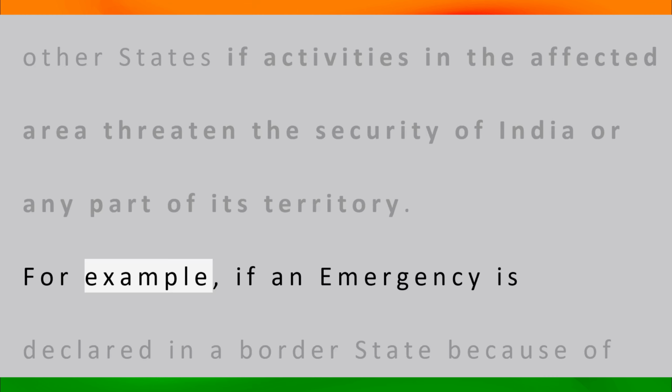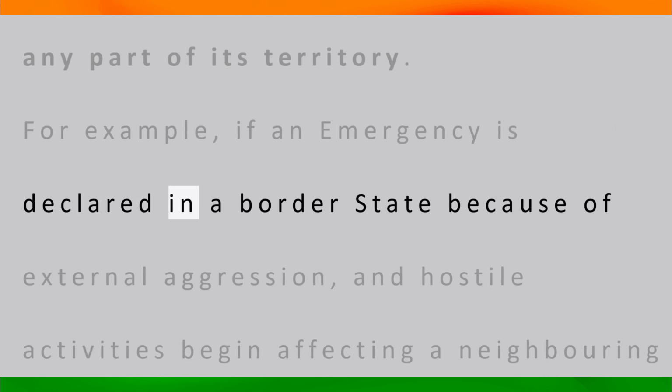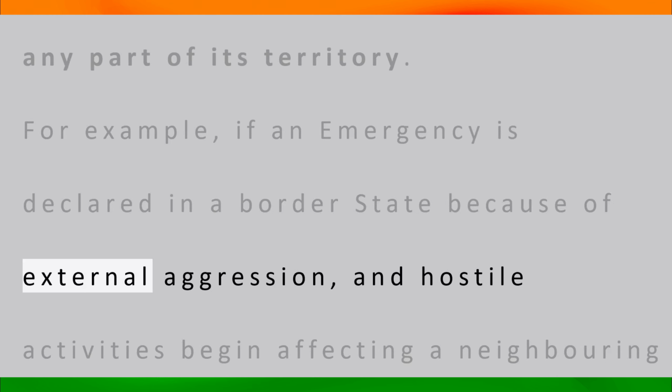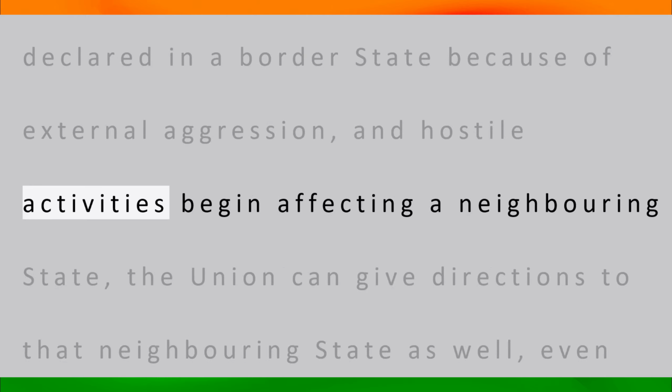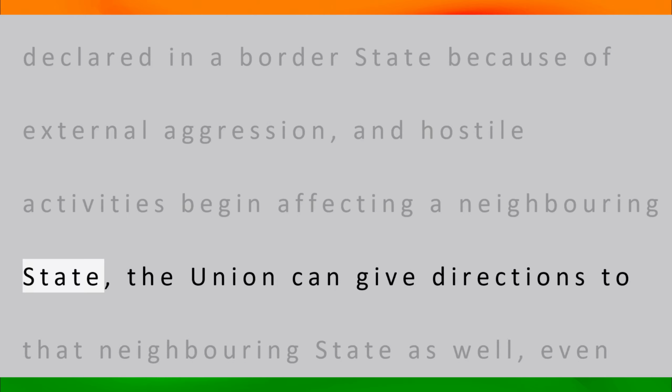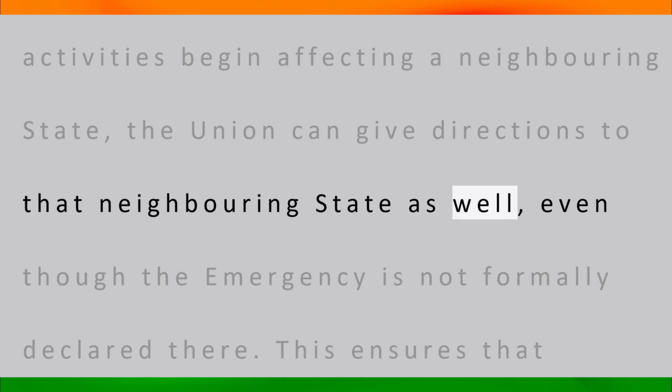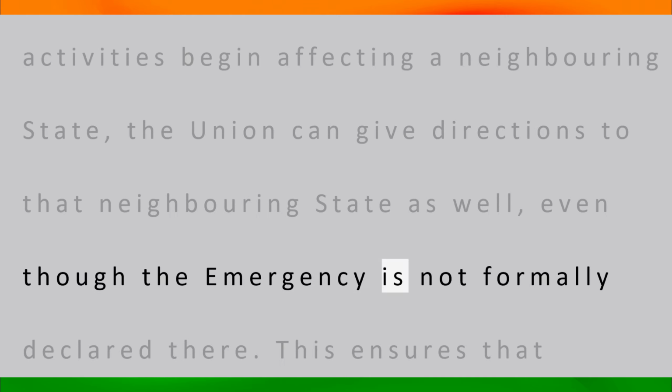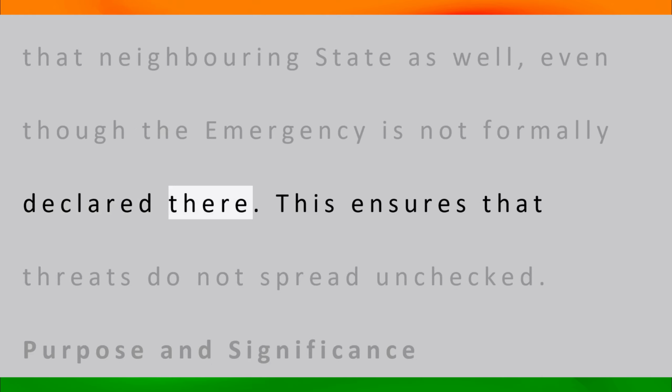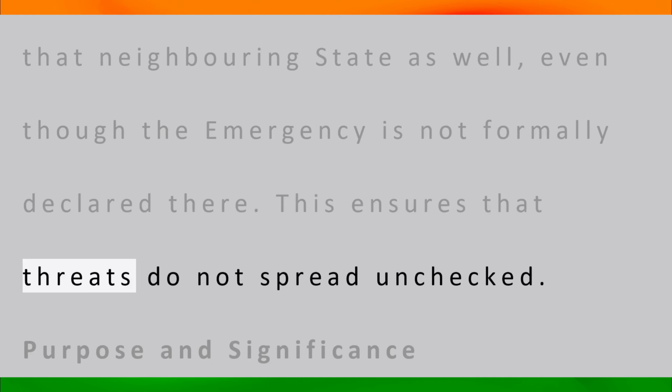For example, if an emergency is declared in a border state because of external aggression, and hostile activities begin affecting a neighboring state, the Union can give directions to that neighboring state as well, even though the emergency is not formally declared there. This ensures that threats do not spread unchecked.